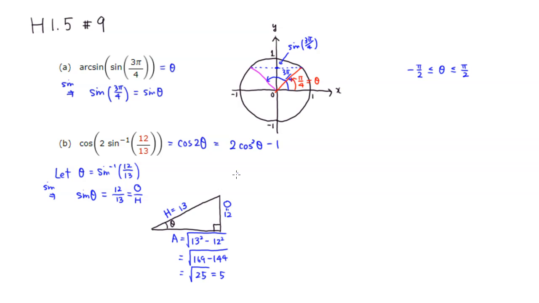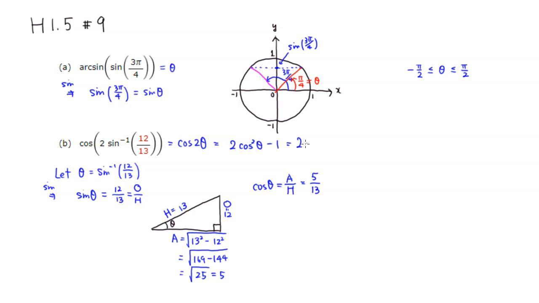We can easily find the cosine of theta value. Cosine of theta is by definition adjacent over hypotenuse. The adjacent in this case came out to be 5, and the hypotenuse is 13. So we have the cosine of theta value, and we can just plug it in.